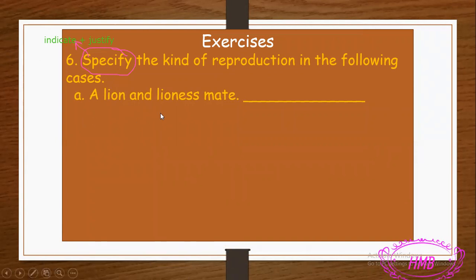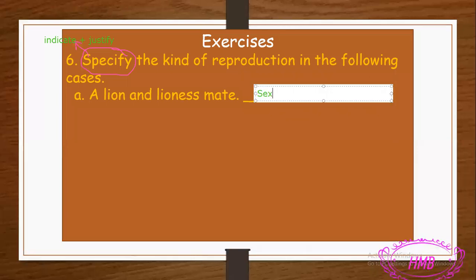A lion and lioness mate. Lion, you know, and lioness is its female. A lion and lioness mate. When we hear male and female mate, which kind of reproduction is it where I must have male and female? It is the sexual reproduction.